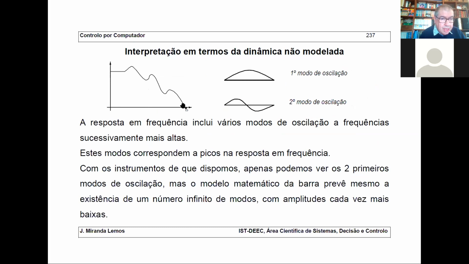Okay, you could help the design process by filtering the data and avoiding these terms here. So one possibility might be to filter the data to get rid of these high frequency oscillations and then try to use least squares. But this is usually worse than using maximum likelihood.